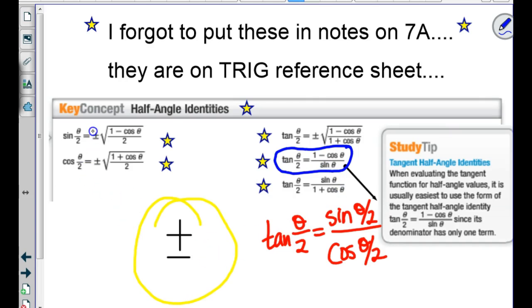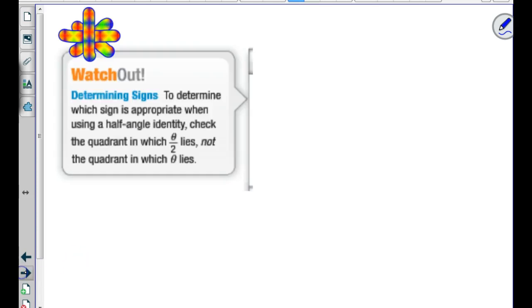The plus or minus in front of the first 3, these 2 and this one, are determined by what quadrant the angle is in. Okay? You have to figure out, is it plus or is it minus? And I'll talk you through that. All right. It says to determine whether it's positive or negative, you will have to determine what quadrant theta over 2 lies in.